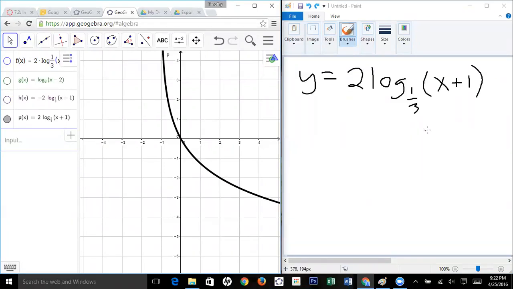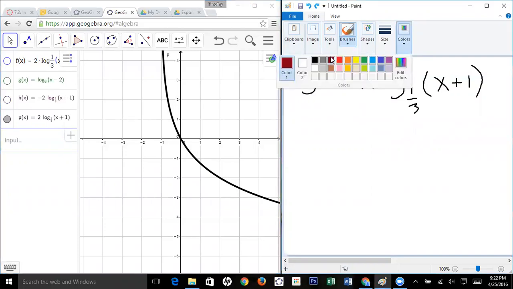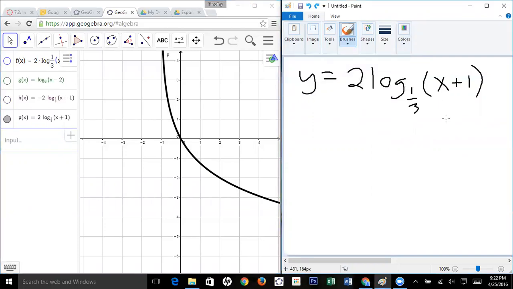And as we look at the function over here on the right, we can see where this is going to be in the equation inside the parentheses. So if I look at this +1, this x plus 1 inside the parentheses, this is what's going to tell me that I'm going to shift my graph left by 1 unit. Now, intuitively, you may say, well, why don't we go to the right?